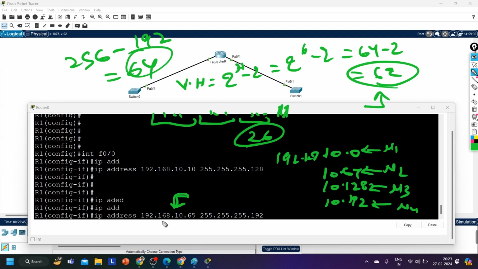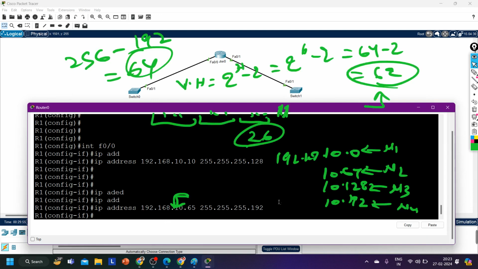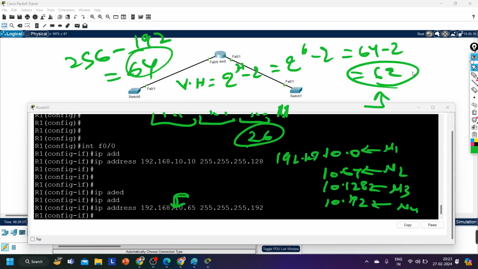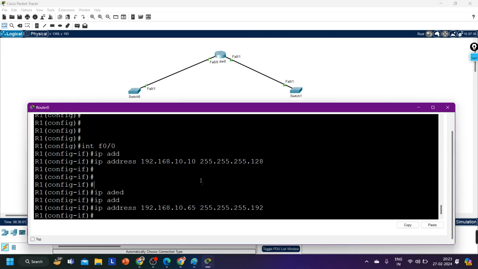Yes, we can configure. This is the first valid IP. But can I configure this one, 192.168.10.127?